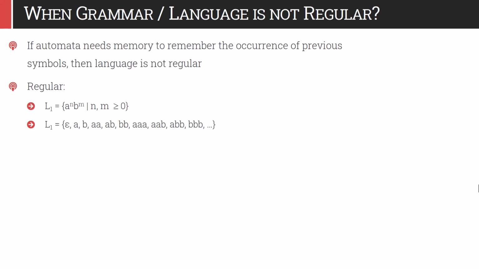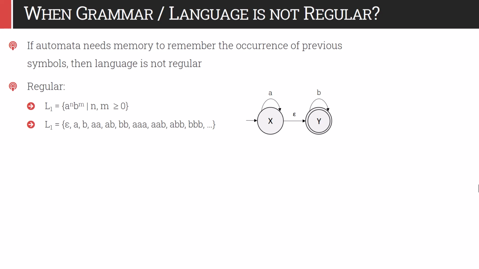If we look at this carefully, then the number of a's is totally independent of the number of b's. The only condition is that the a's should be followed by some number of b's. That's it. There is no relation between occurrence of a and b. They both are independent. And for this language, we can definitely draw a finite automata like this.